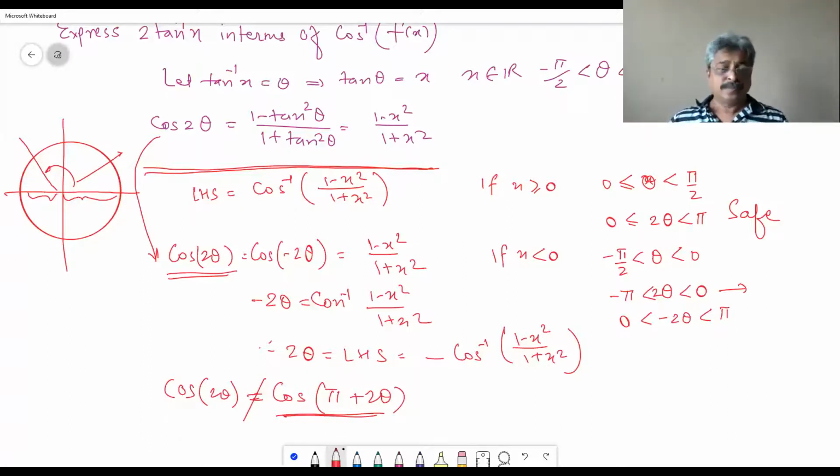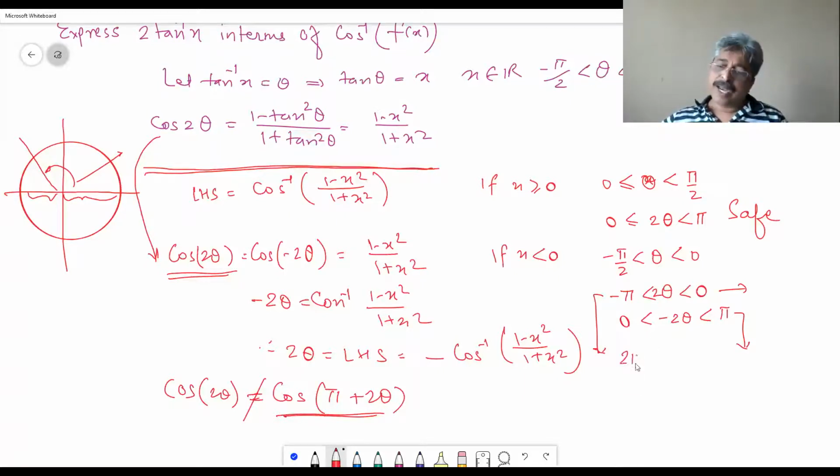So can we take 2 pi minus theta? From this step onward or from this step onward? 2 pi minus theta. Geometrically, if we see, no, no. I mean, you mean to say let us add a 2 pi to this, 2 pi minus theta or 2 pi minus 2 theta you mean? Yes sir.